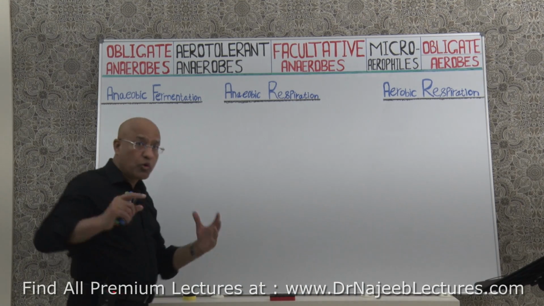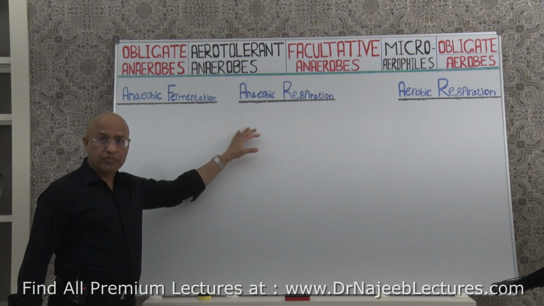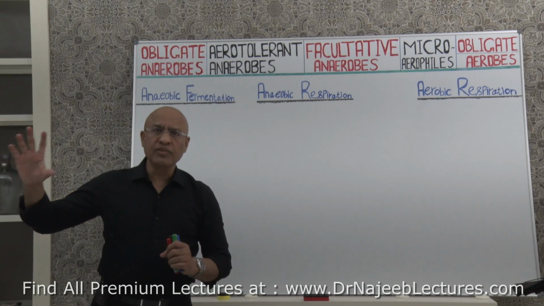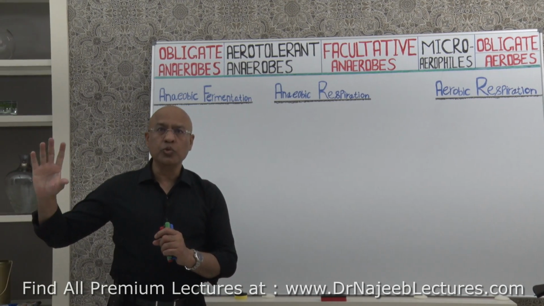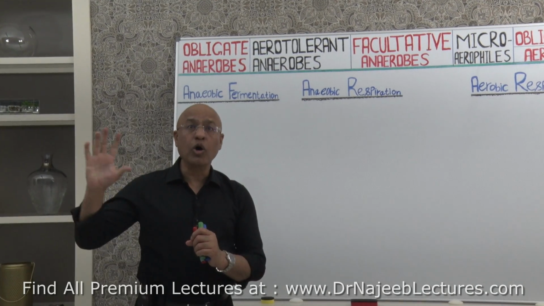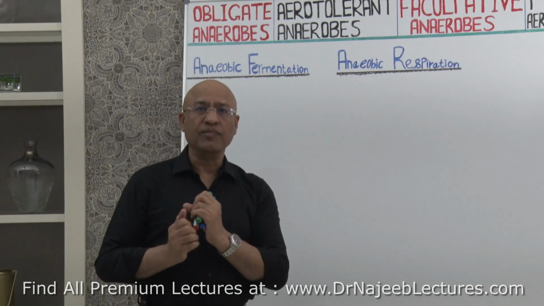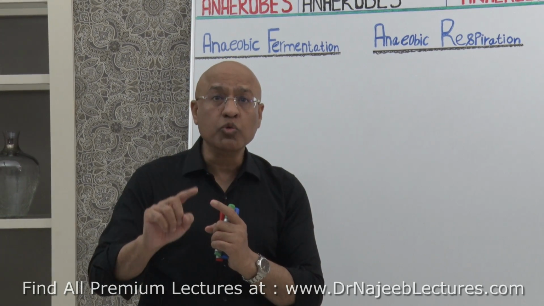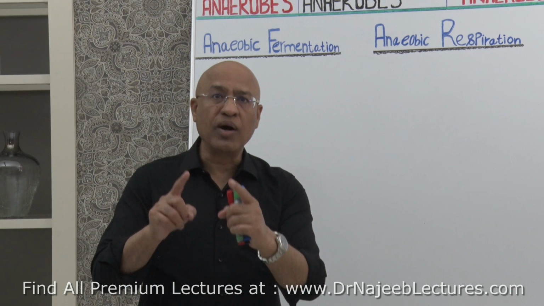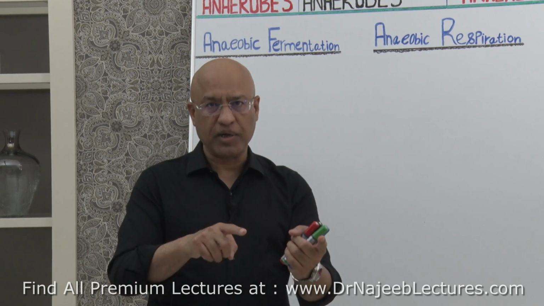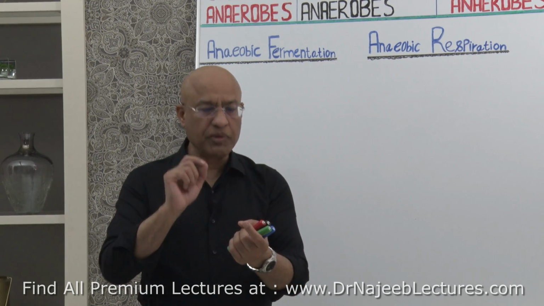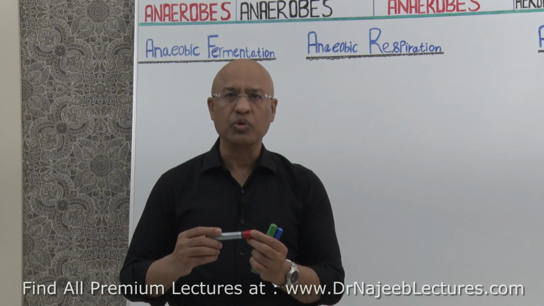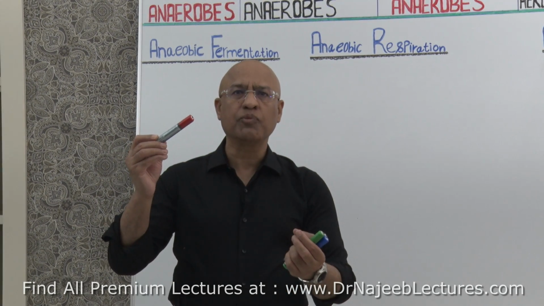When we say anaerobic energy metabolism, we mean that when nutrients are broken down, or catabolized, to release and capture energy, oxygen is used or not used as the final electron acceptor. Let me briefly tell you. Let's suppose we have glucose.